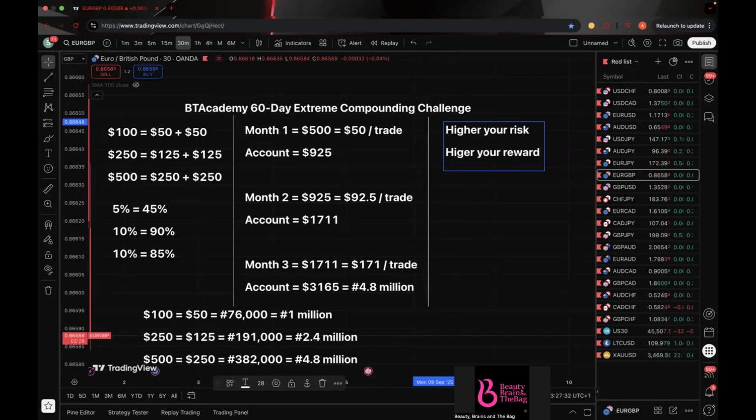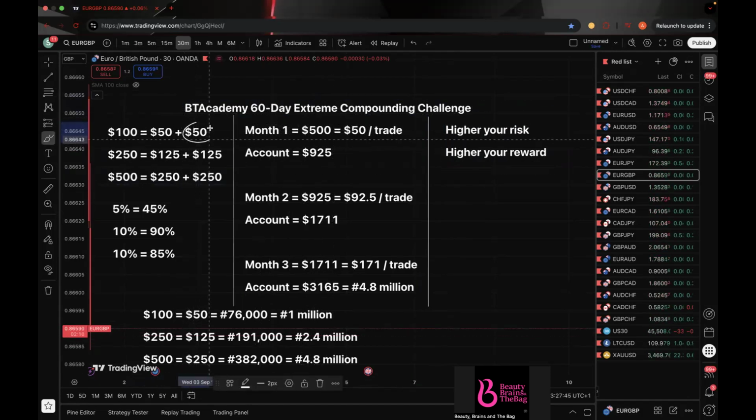And risking 10% is a high risk, actually. So that's why I call it the extreme compounding challenge. That's also why I introduced the bonus, which is a way of reducing your risk amount. Instead of putting in 100-something K, just 6K.